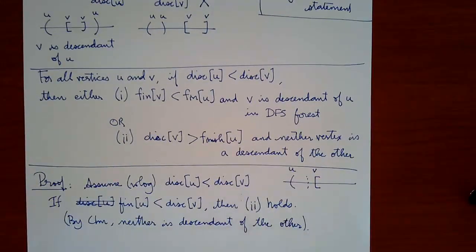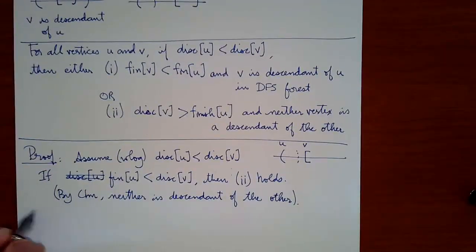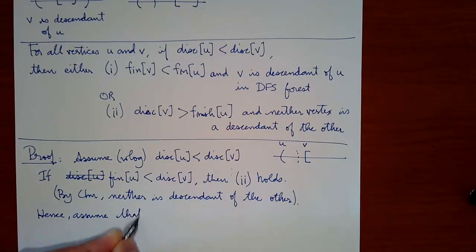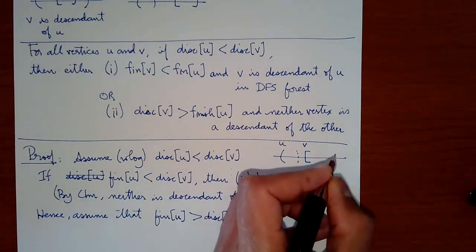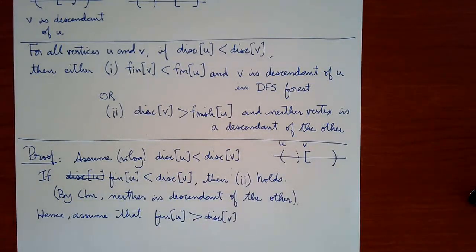Okay. So now we'll say, hence, assume that the finish time of U is greater than the discovery time of V. So we're assuming that the picture is like this. So what does this mean?